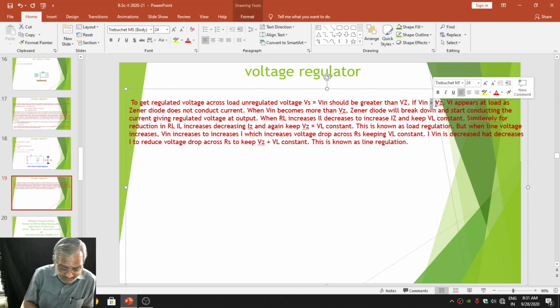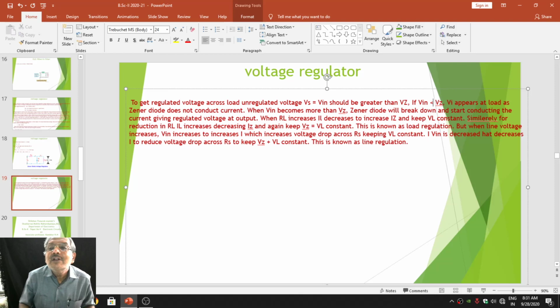If Vin is less than Vz, then Vin appears at the load as it is, as the Zener diode doesn't conduct current.